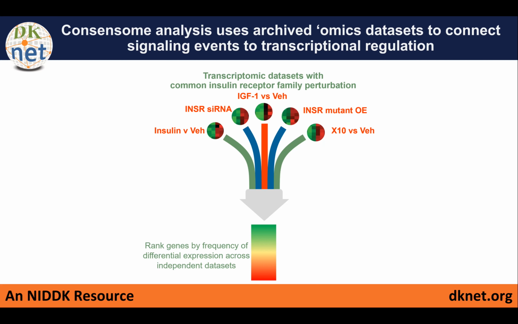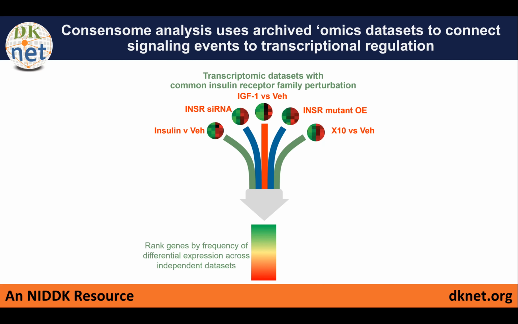This is the insulin receptor itself, but it's also IGF-1 receptor and a couple of others. What we do here is identify archived experiments that involve some kind of manipulation of a member of that family.